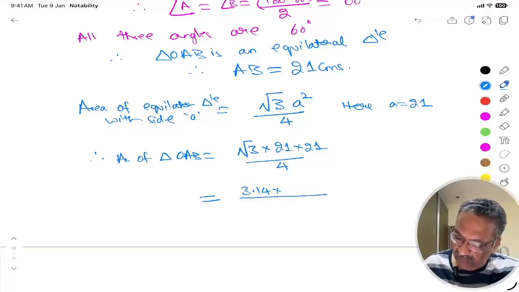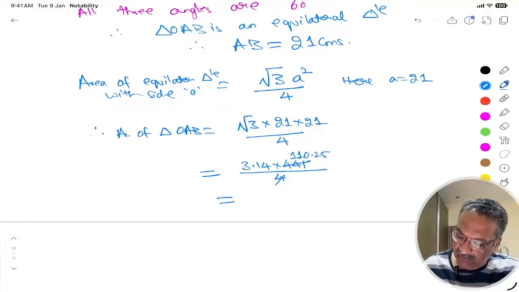Okay, what is 21 square? 21 into 21 will be 21 plus 42, 441. 441 divided by 4 gives 110.25.